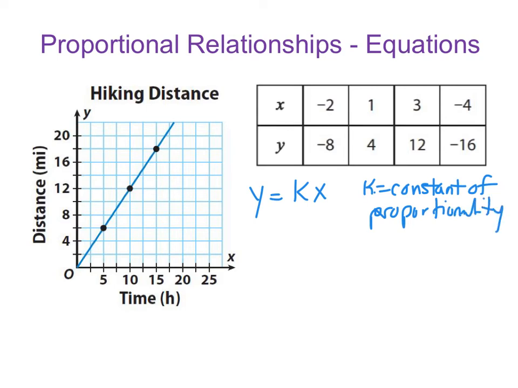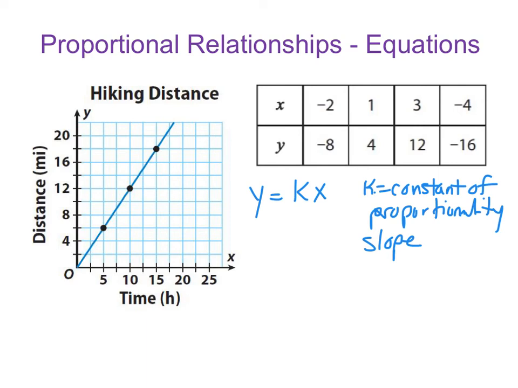It's also a special kind of slope. It's the slope that is associated with direct variation. So if I look in my graph, I can find this point, and I define that point as x is 5 hours, and if I go over to the y-axis, it's 6 miles.